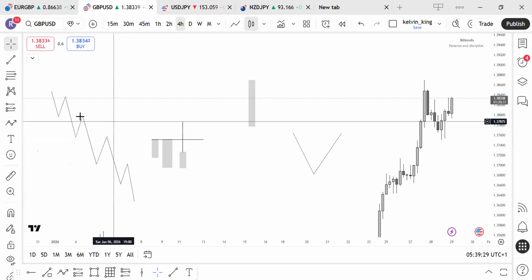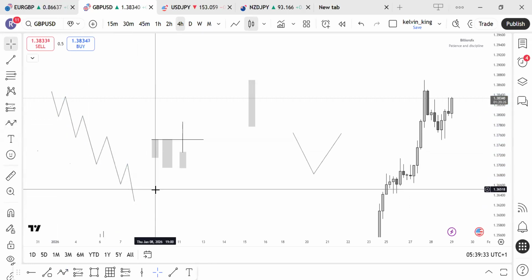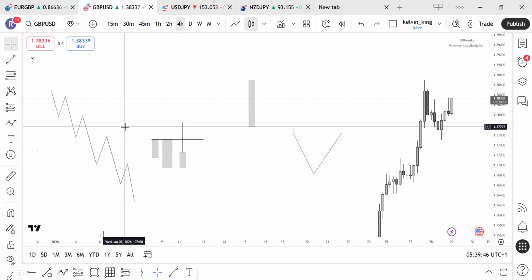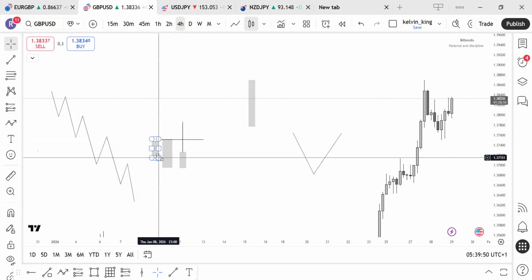We have a series of BOS here, 1, 2, 3, 4, like this. The one that you are going to get entry from is the BOS that has 1, 2, and the third candle as a rejection.